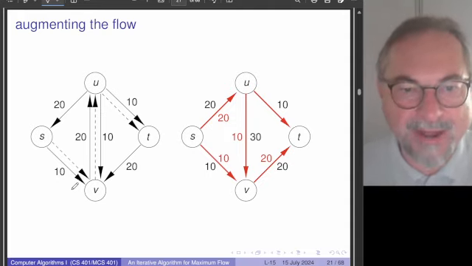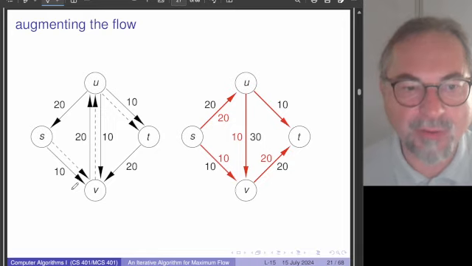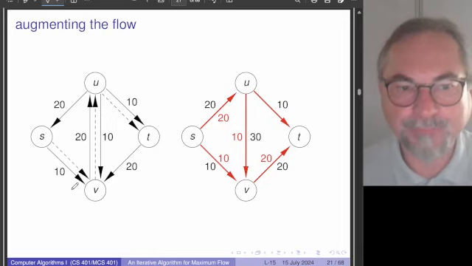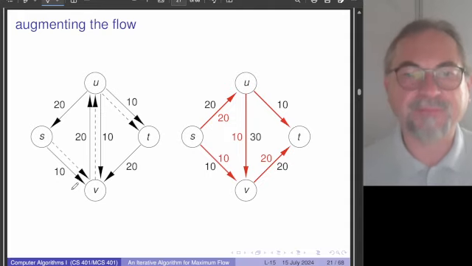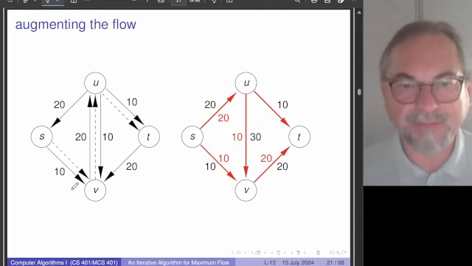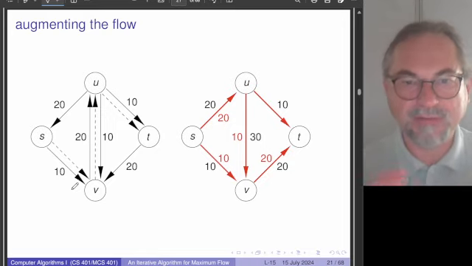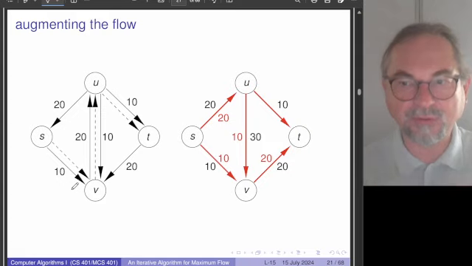We have a backward edge going from V to U, where we can actually redirect the flow of 10, and we are going to direct 10 of the flow from U to V. At the right, the original flow is still there.